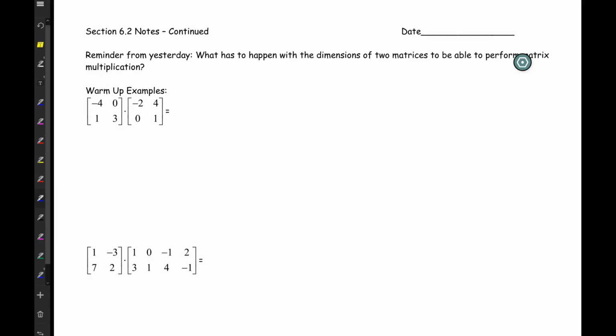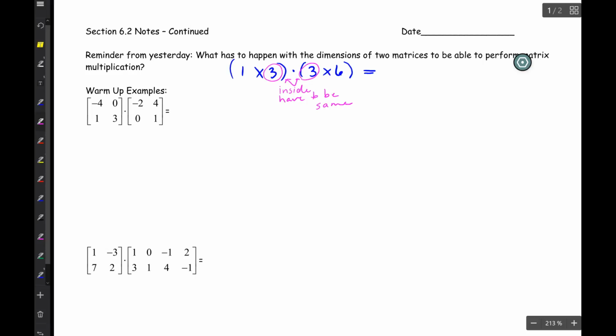So for example, if I take a 1 by 3 matrix and I multiply by a 3 by 6 matrix, because the inside numbers match, my resulting matrix will be the outside rows and columns. So for example, it would be a 1 by 6 matrix.